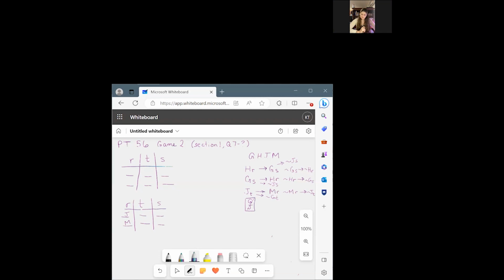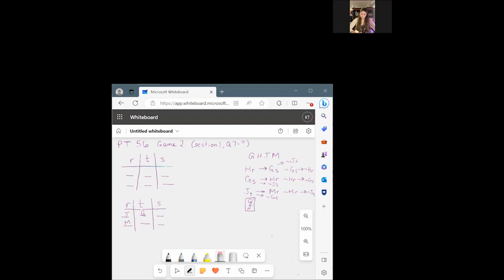So we're triggering this part of rule 1, right? We're saying, well, we don't have H and R, so we can't have G and S. So where does G have to go then? Yes, going under T. Yeah, very good. So we have G and T.